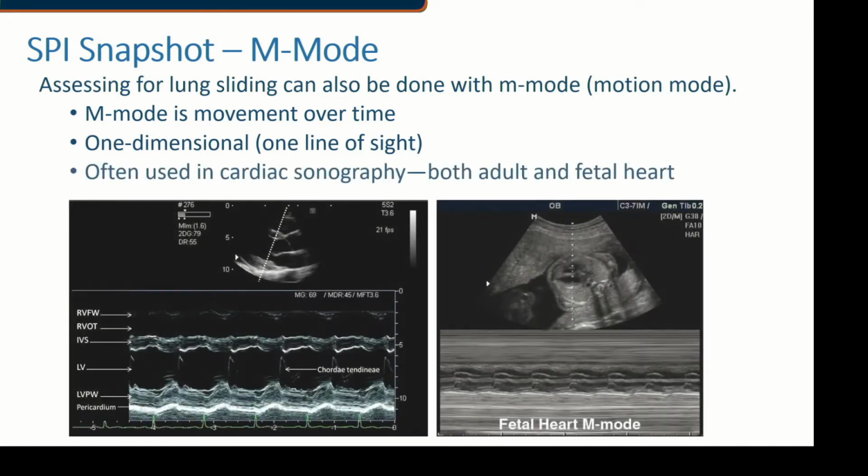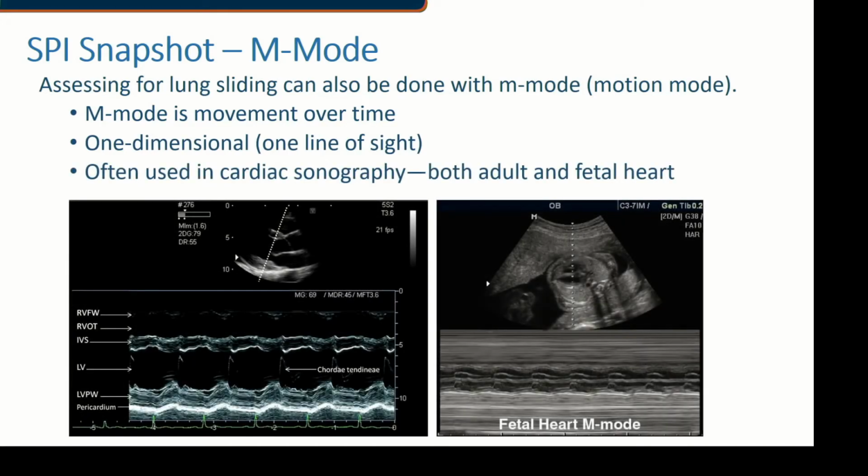So if we look at these images here, this has often been used in cardiac sonography, both adult and fetal. And looking at that bright dotted line that's moving across the anatomy at the top of each of these images, wherever that line is crossing, that anatomy is going to be displayed on that graph as movement over time just of that line of sight.